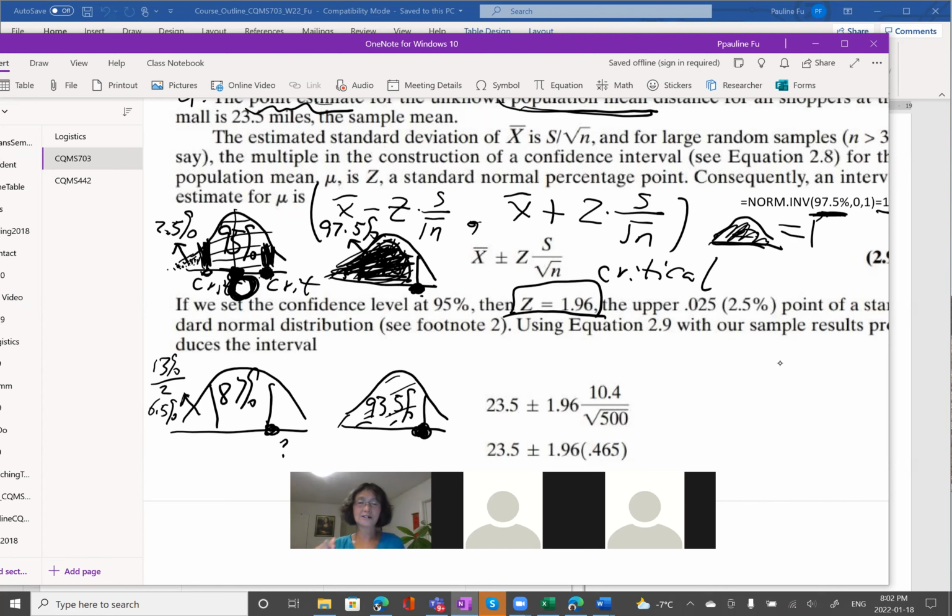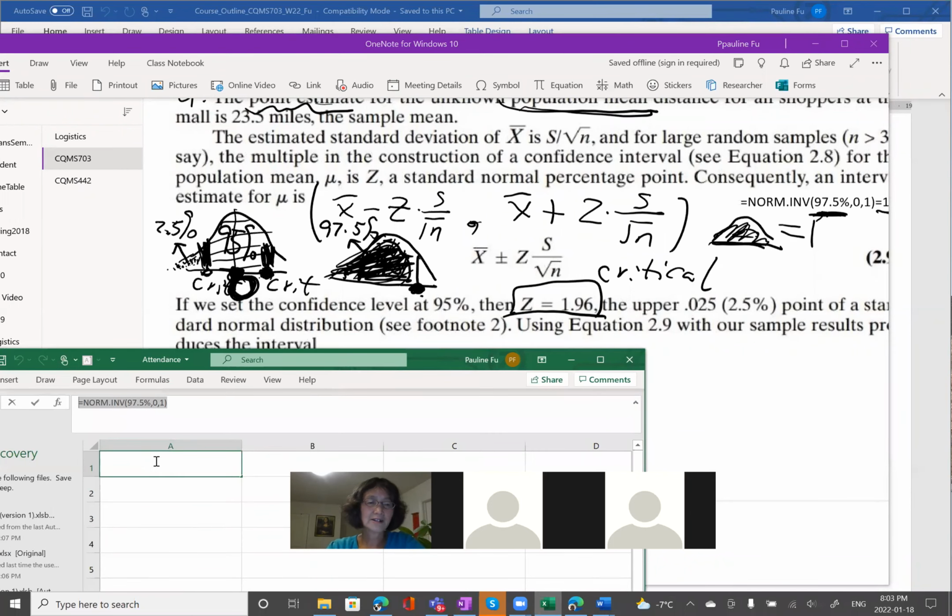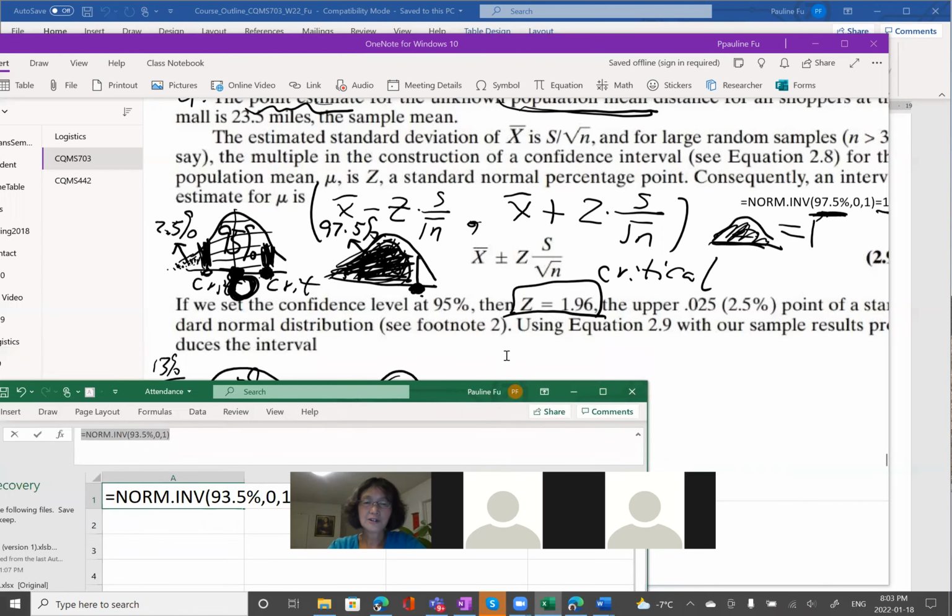Great. Once you have this 93.5%, you go to Excel, and in this formula, instead of 97.5, you change it to 93.5%, and you will get the result.